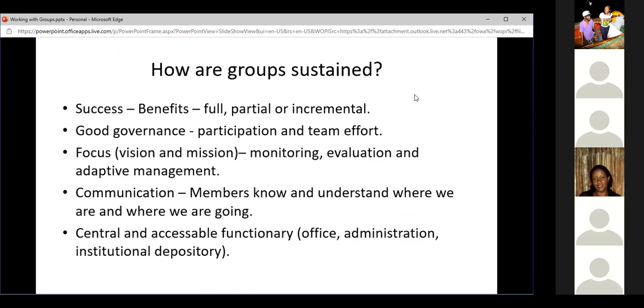So importantly, we need to look at how groups are sustained, how to keep it all together, how to create a level of cohesiveness. And again, I refer back to the slide on group dynamics.